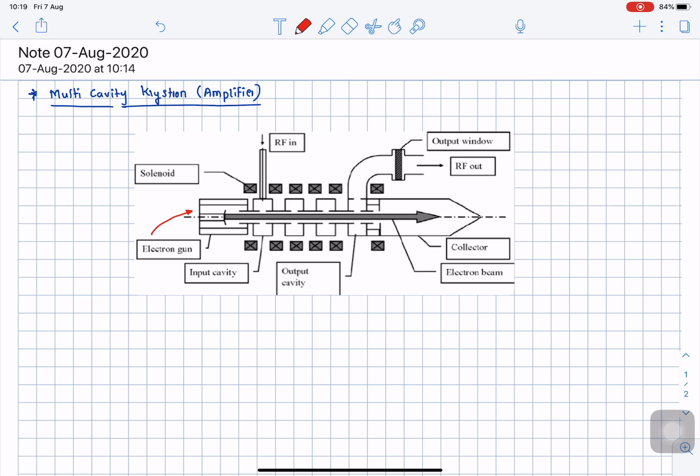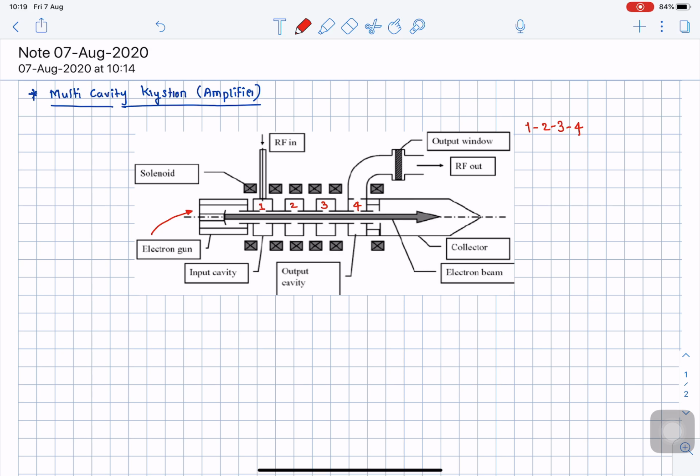Only here the thing is that instead of using two separate cavities, we can make use of multiple cavities. So here if you see, cavity number 1, cavity number 2, cavity number 3 and cavity number 4. So here the cavities are 1, 2, 3 and 4.